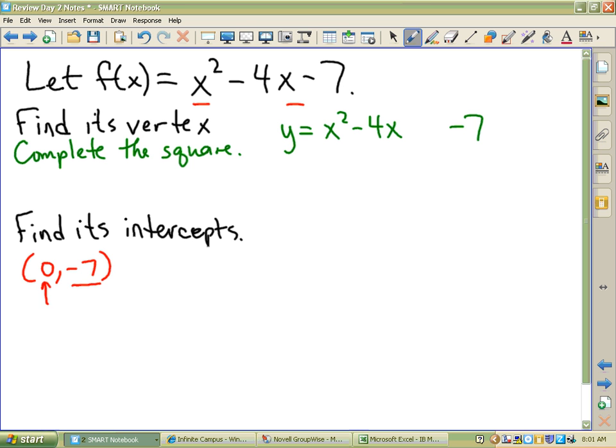We want these three terms to be a perfect square trinomial. We want these three terms to be x blah blah squared.